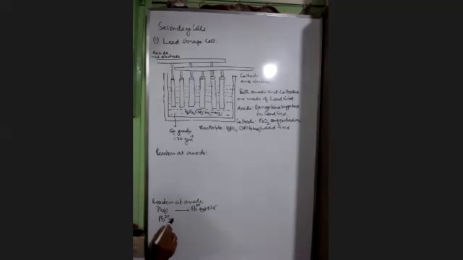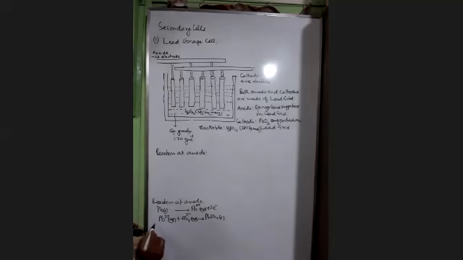Pb2 plus aqueous will combine with sulfate aqueous to give you lead sulfate, which is insoluble. Sometimes if your father or your brother opens the car battery, and the solution falls outside, after some time we'll find it has become a white powder.